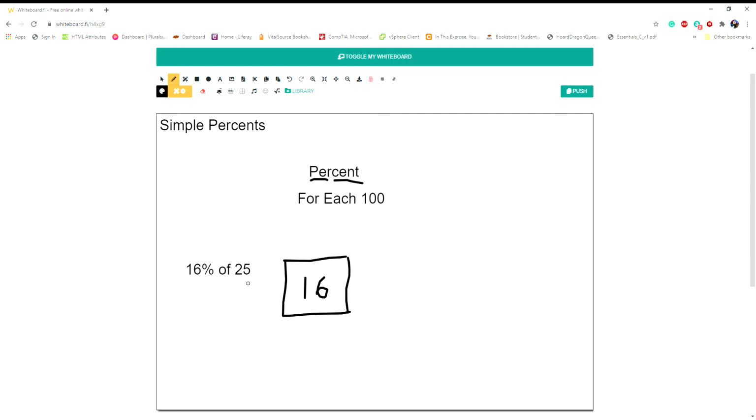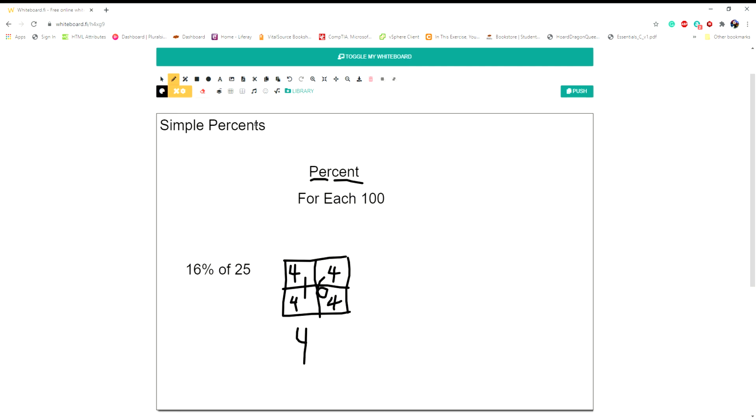But we have 25. Well, 25 can go into 100 4 times. So meaning I can take this box and break it into 4 equal parts. Well, what can go into 16 4 times? Well, that is 4. So for each quarter, for each 25, I get 4. So 16% of 25 is 4.